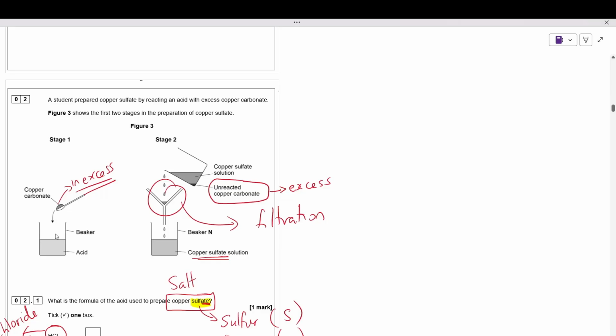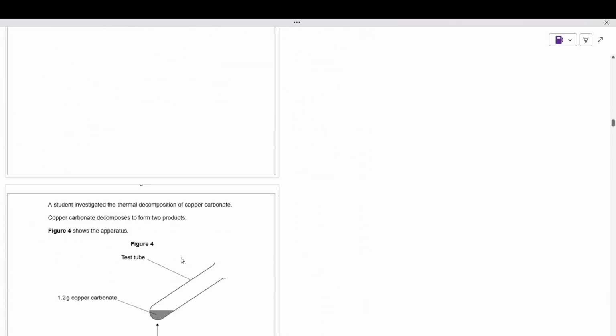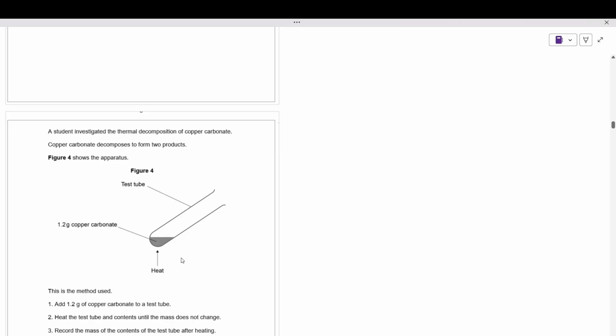So you add in your acid to a beaker, then you add your carbonate or your oxide in excess. Once it's in excess, you filter to remove that excess, right? Then you heat your filtrate, which is your copper sulfate in this case, gently, and then you leave it to cool. So this is essentially a 6 mark question that you could have gotten.